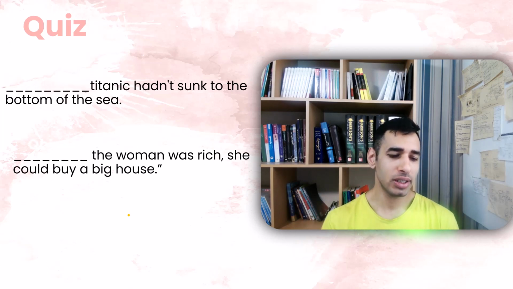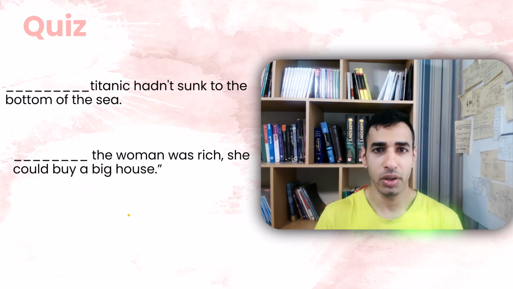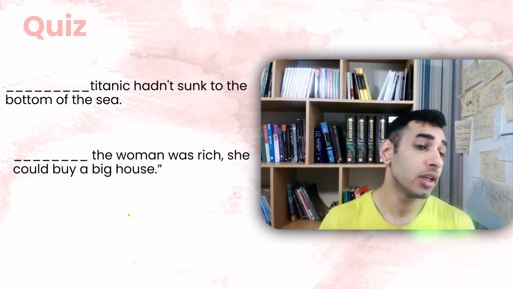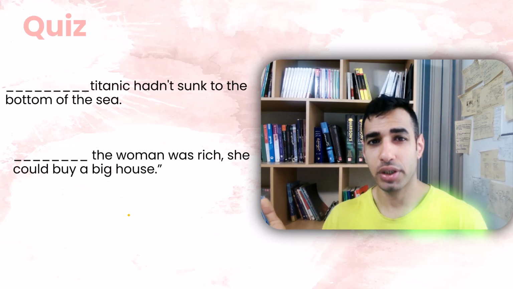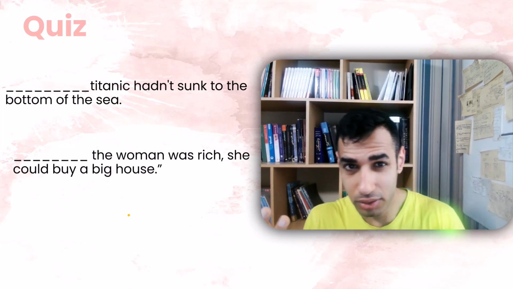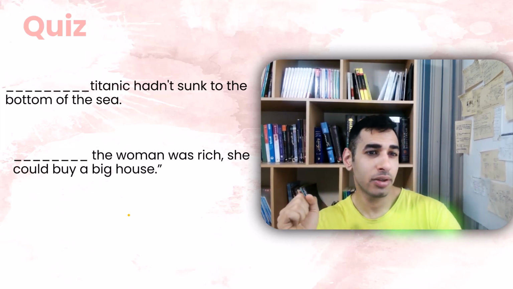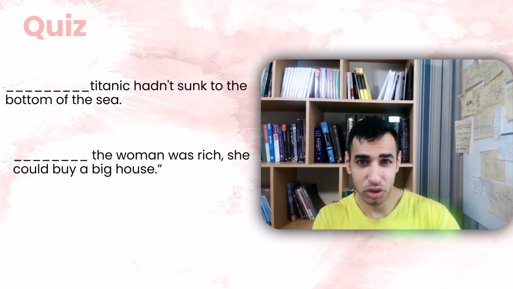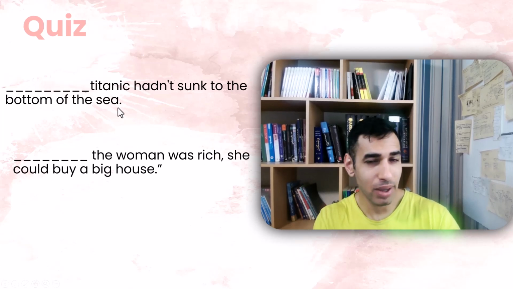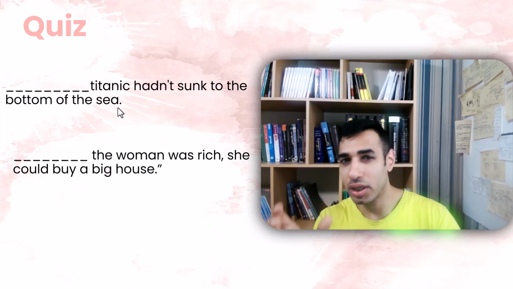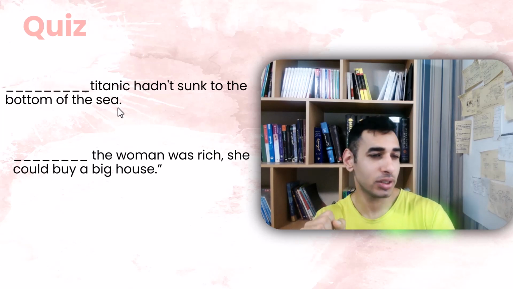So the answer to the first one is "if only." It's not introducing any condition. It's a desire because we don't have any conditional clause. The sentence is only made of one main clause.